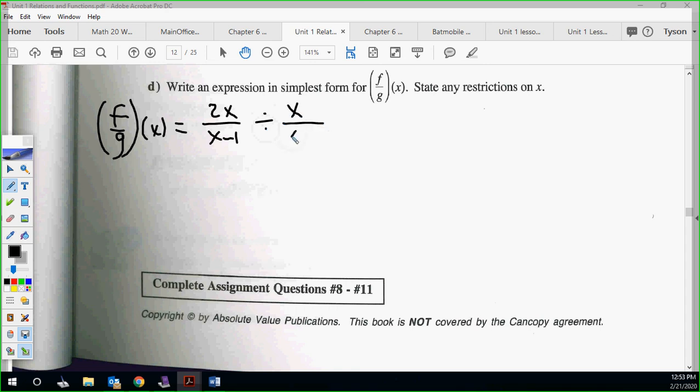Do you guys remember when we were doing rational functions in 20, where do you get your non-permissibles now? All 3 of those spots cause non-permissibles, because you can't divide by 0. Those 2, and then if that x is 0, we're still dividing by 0. So now you picked up a non-permissible. So x can't be 0, 1, 3 now. So your restrictions have changed.